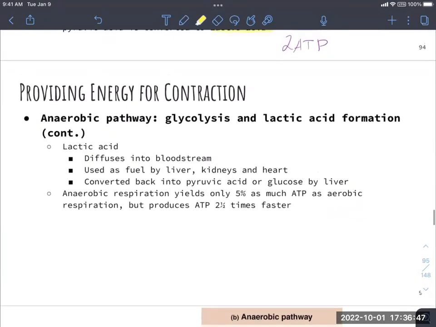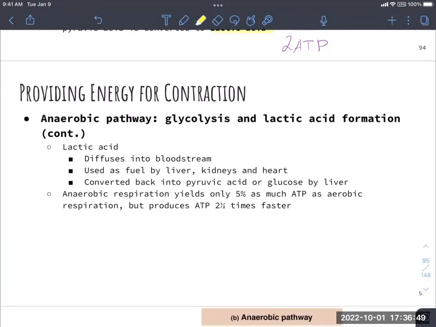That lactic acid will eventually diffuse into the bloodstream, because if we're lifting heavy weights, our muscles are contracting and blocking the bloodstream. So eventually when the blood is restored to the area, the lactic acid created through the anaerobic pathway will start to diffuse into the blood.